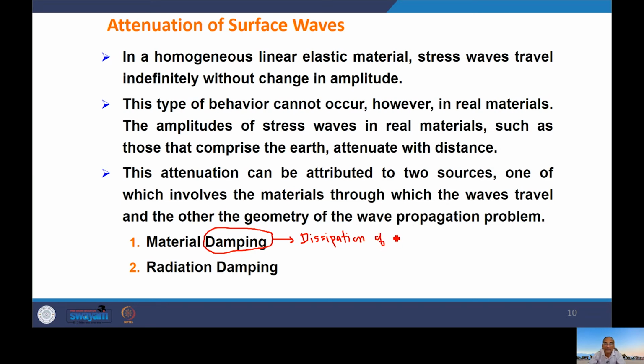Now, this dissipation of energy can be in two forms. One is that when the waves are traveling through certain material, then the material may absorb some energy.